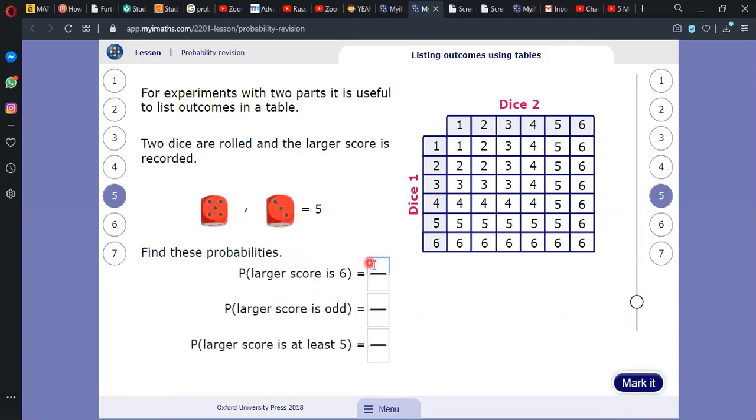Now let's use that knowledge to do all of these too. Find these probabilities. Larger score is 6. How many 6s do I have? 1, 2, 3, 4, 5, 6, 7, 8, 9, 10, 11. So this should be 11 over 36. The next one, larger score is odd. All odd numbers.